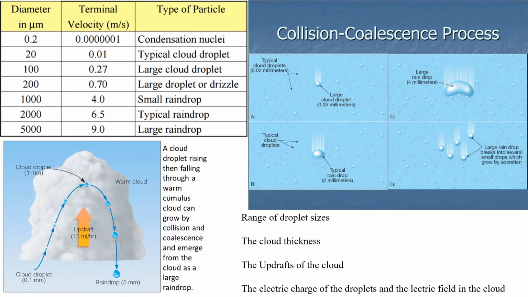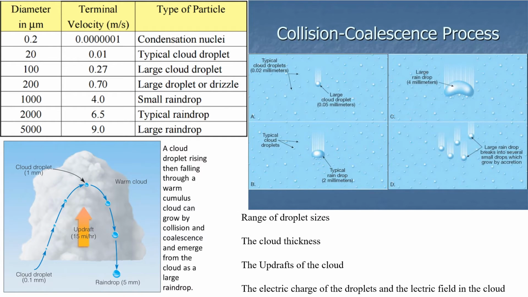Eventually, larger droplets overtake and collide with smaller drops in their path. This merging of cloud droplets by collision is called coalescence. Within a cloud, there can be both updraft and downdraft situations.